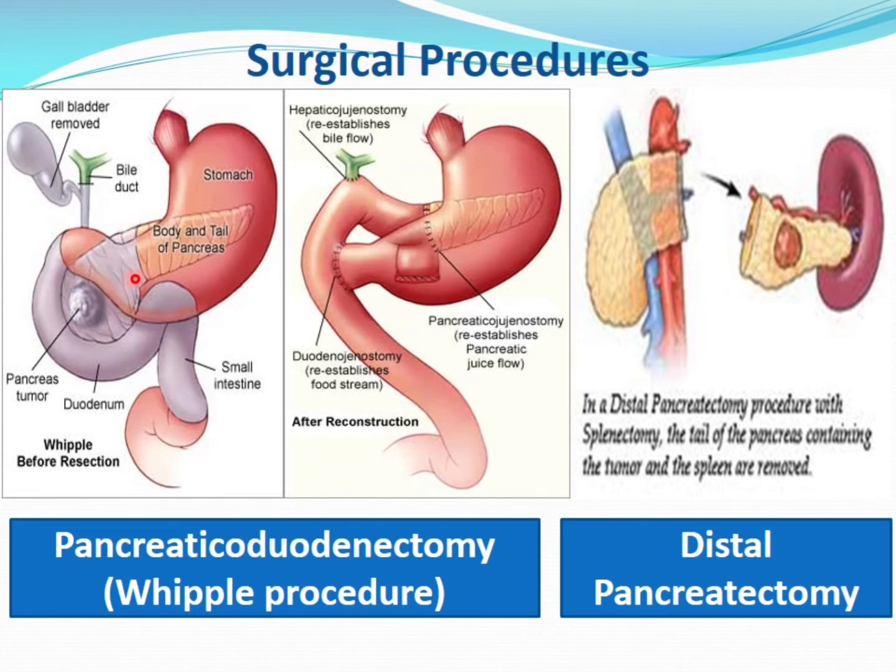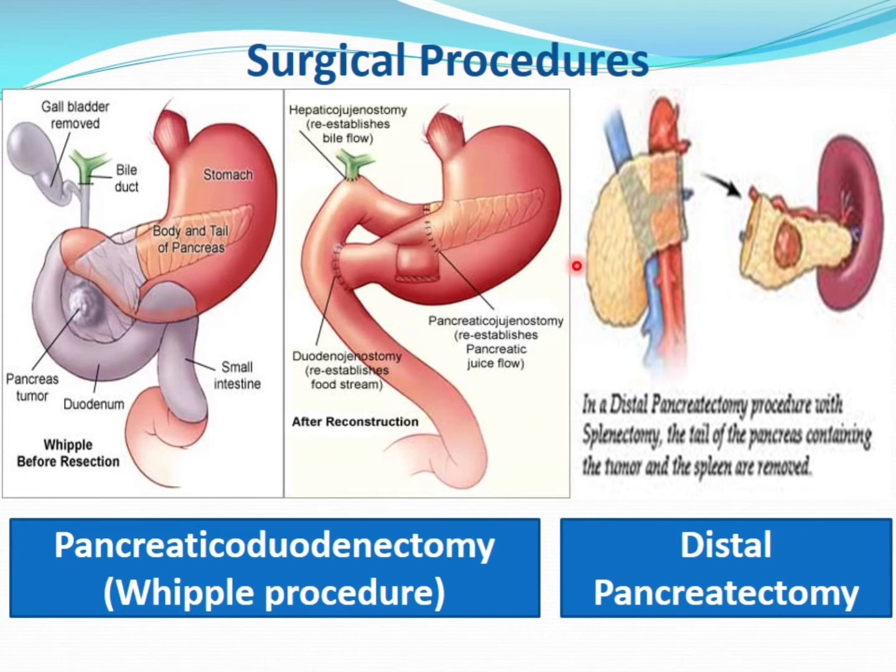Reconstruction is done by pancreaticojejunostomy, duodenojejunostomy, and hepaticojejunostomy. Sometimes, if the duodenum is removed, gastrojejunostomy is to be done.